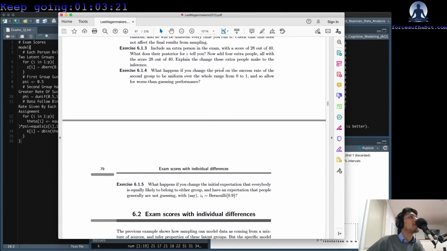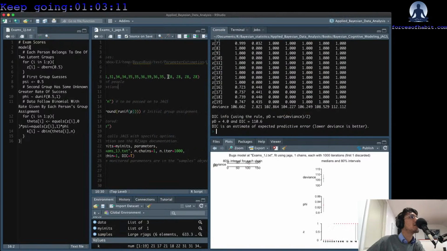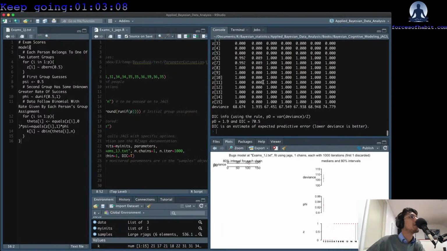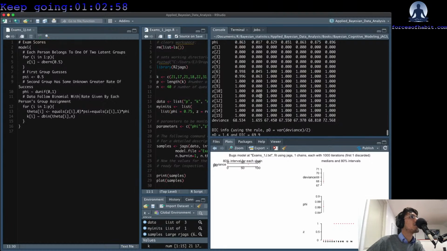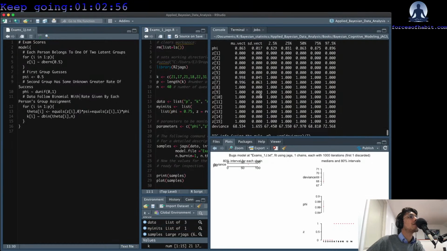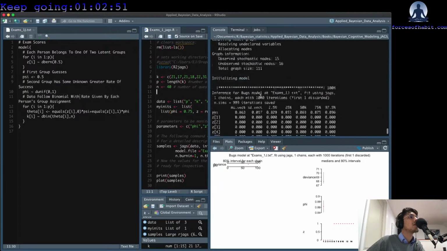What happens if you change the prior on the success rate of the second group to be uniform over the full range, and so allowing for worse guessing performance? All right, let's change this back. So we have 15 folks. Now we're just going to go in here and change the prior to allow from 0 to 1. Not much changes.